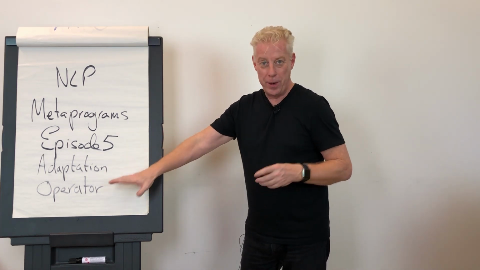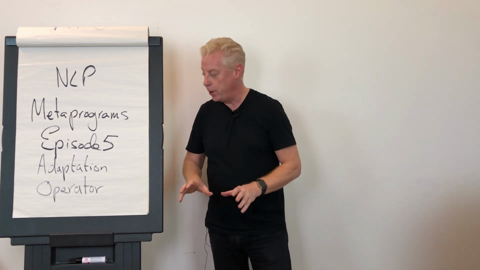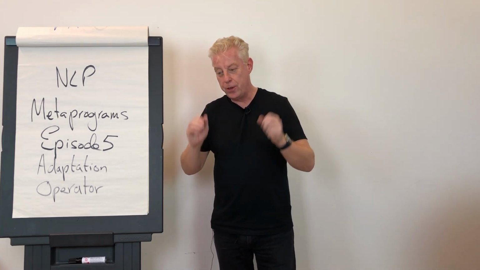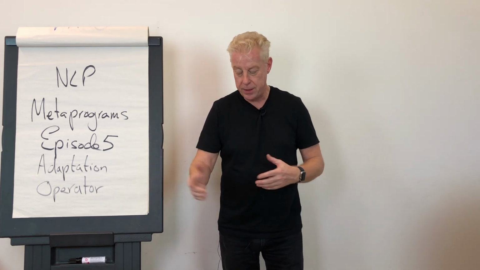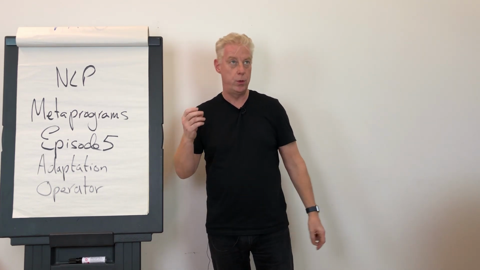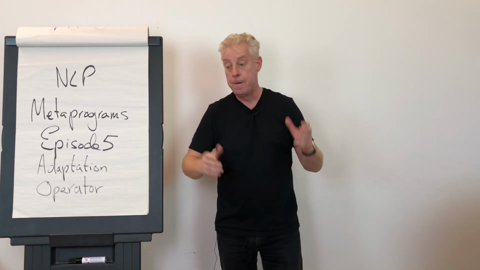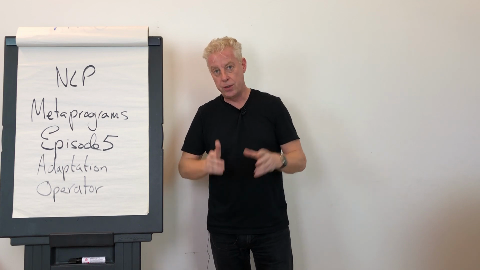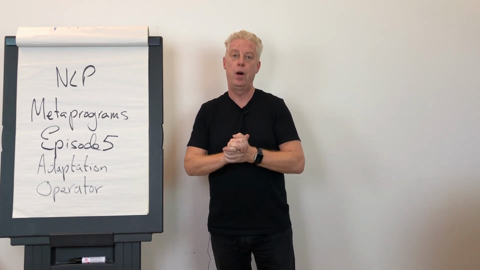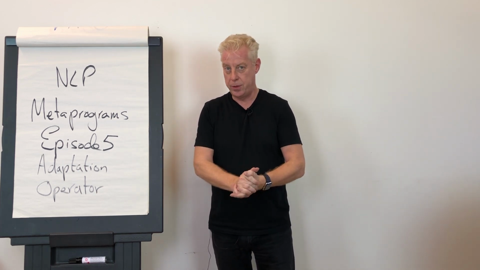Now, Adaptation Operator. Here's a little bit of history for you. The first 3 Myers-Briggs type indicators, or basic metaprograms, which were external behavior, internal process, and internal state, come from Jung's archetypes.